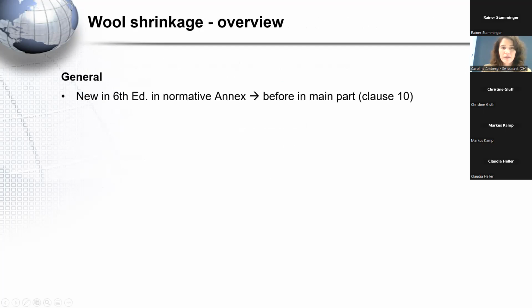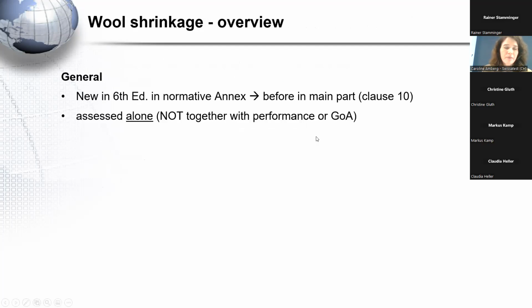Yes, I think I said that before, that wool shrinkage was already in the 5th edition, part of ISA 60456. In the 6th edition, it's located differently, so it's in Annex W and not in the main part anymore.